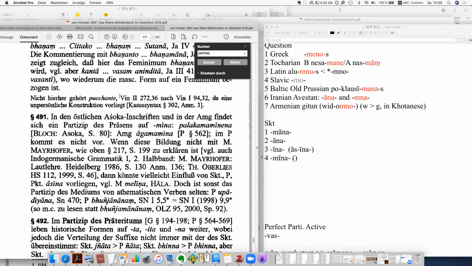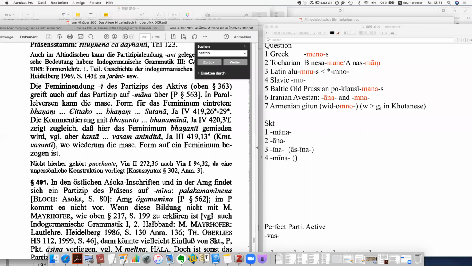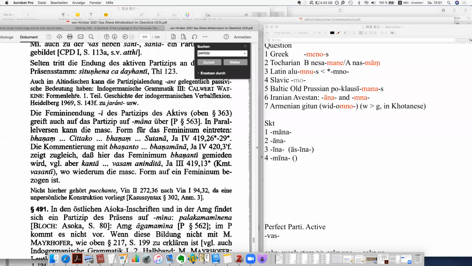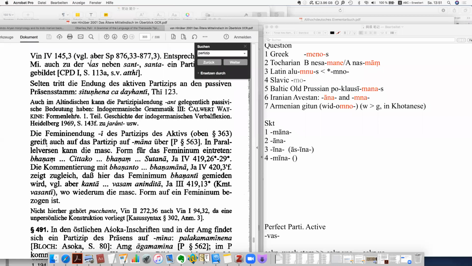Yeah, okay. So now we have the information. If you check the book by Feng Yu Ba, he also mentioned it, right? So for the active, in Pali, as we have already seen, the form is again mana, right?